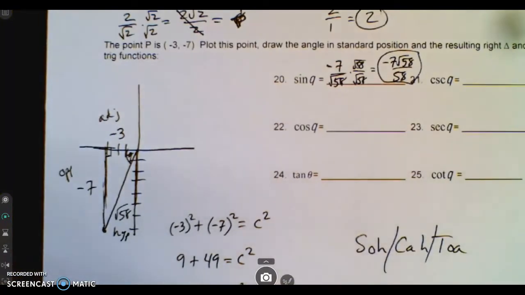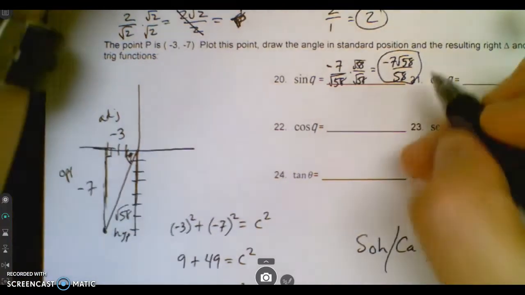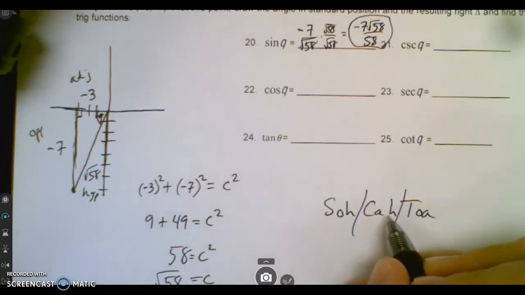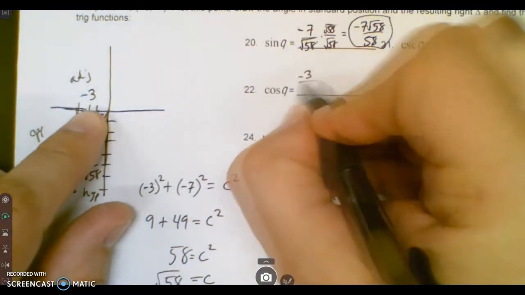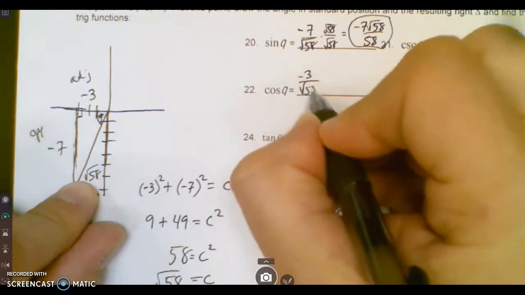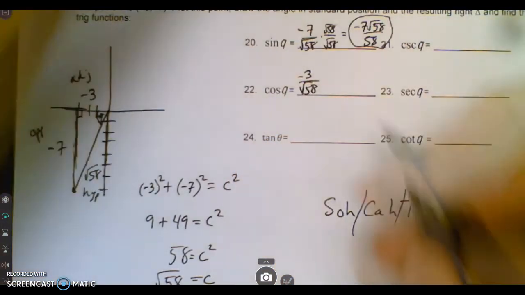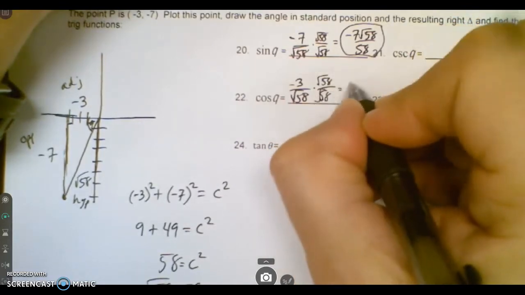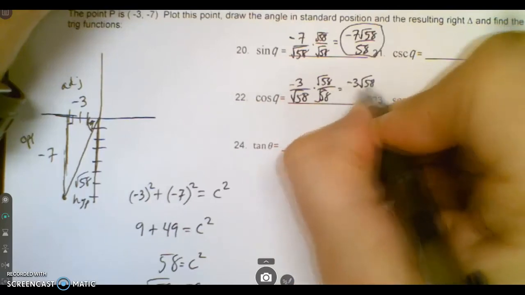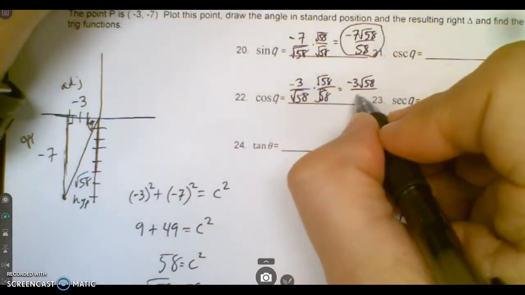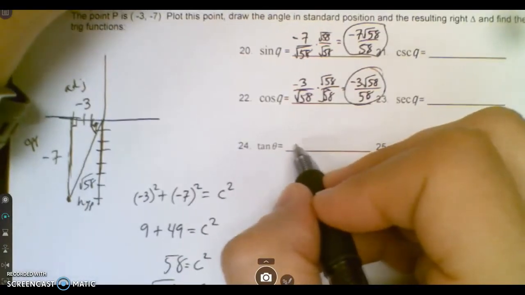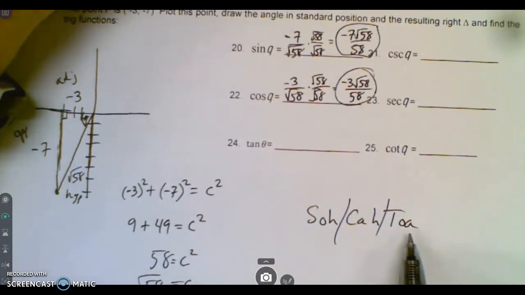I don't think those reduce. No, they don't. Okay. Cosine would be adjacent over hypotenuse. So I go on this picture, adjacent is negative 3, hypotenuse is radical 58. So once again, I got to clean it up a little. And your end answer is negative 3 radical 58 over 58. Boom.